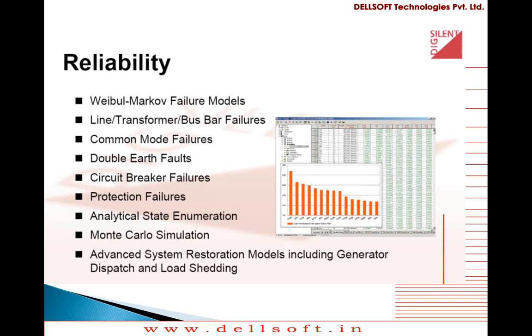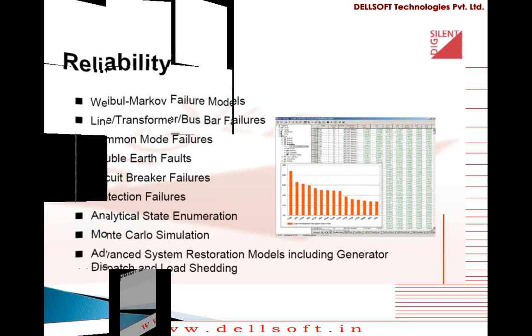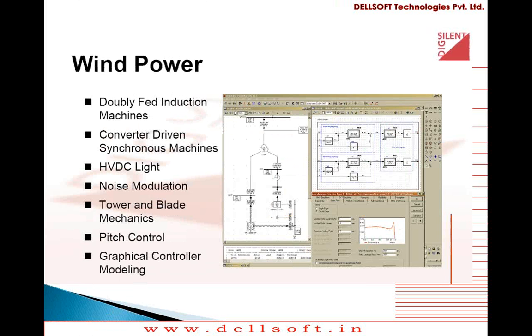I already told you that wind power has these things. Doubly fed induction machines, converter-fed synchronous machines, and HVDC light models can be used and the network can be designed. Noise modulation can be done. Tower and blade mechanisms can be provided for the wind power. Each controlling feature is available with the wind power.